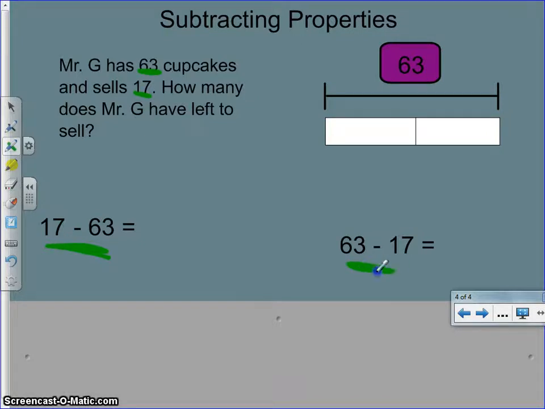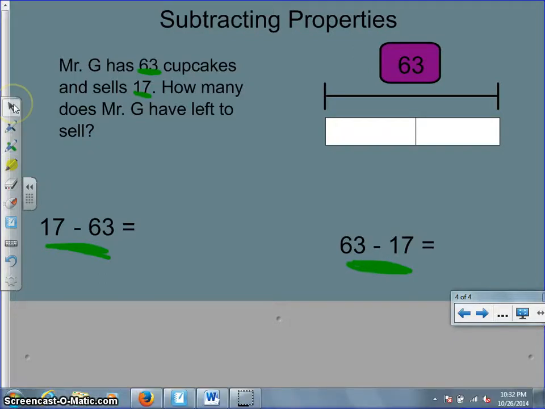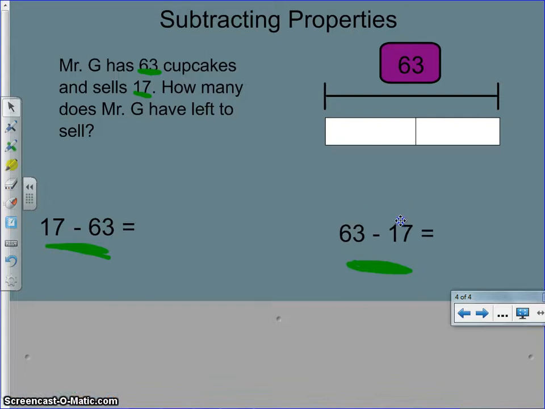However, I can take 17 cupcakes from 63, so it should look like this, 63 minus 17. And of course my table is going to look like this. 17 will now be in here, and then I want to find that missing number.